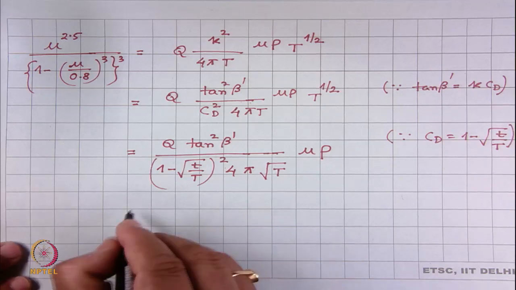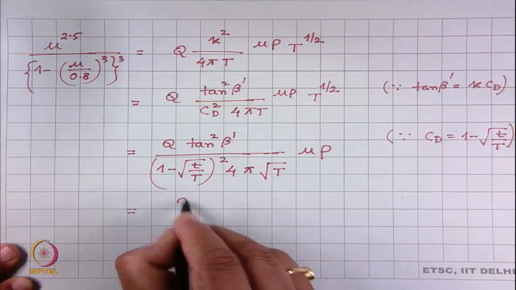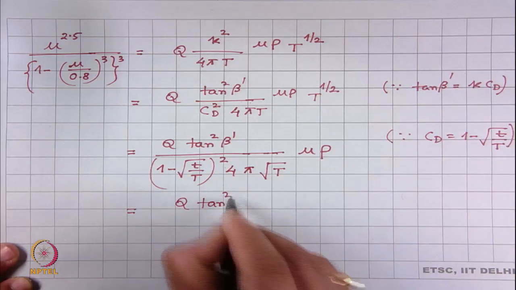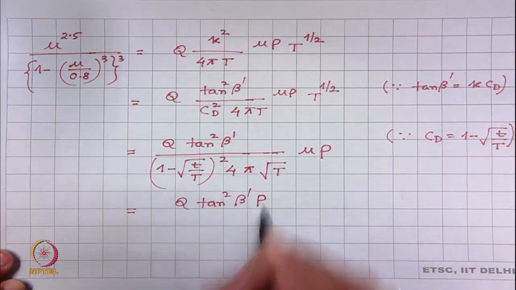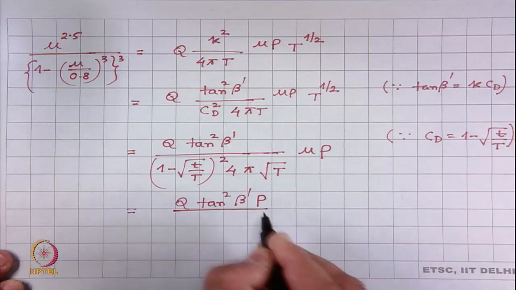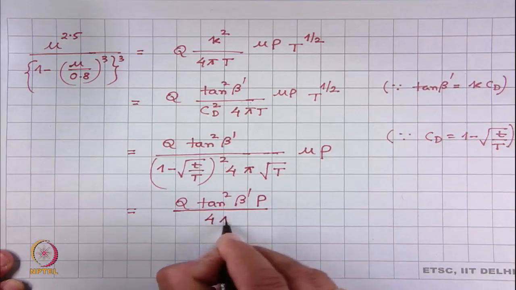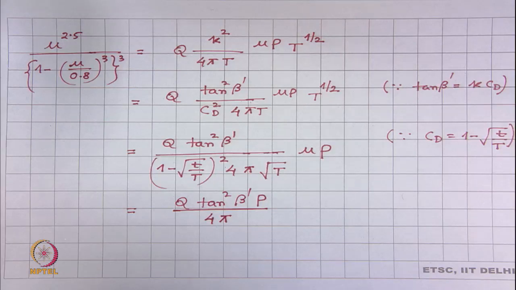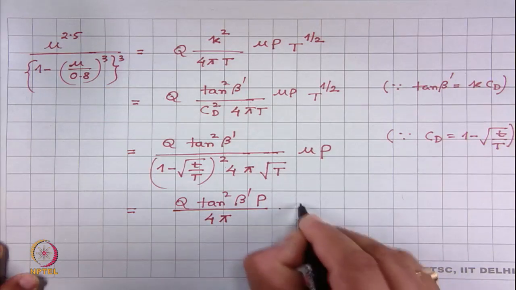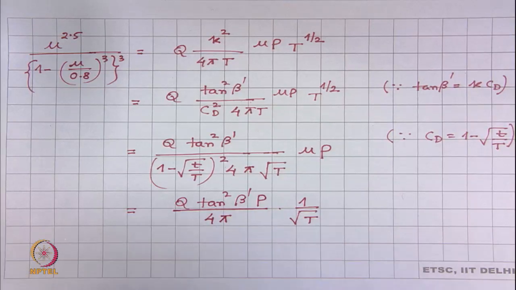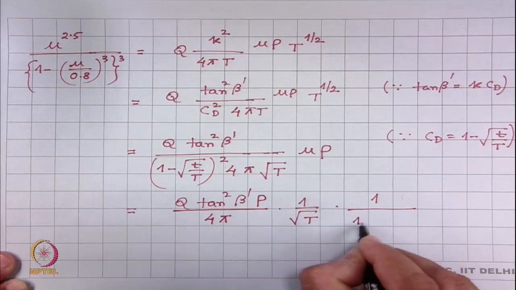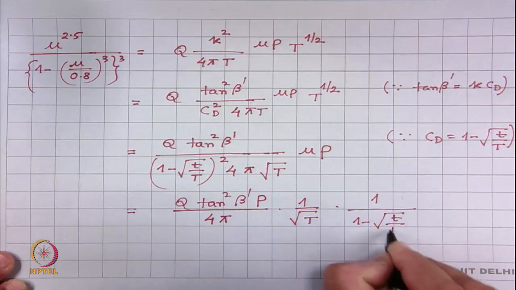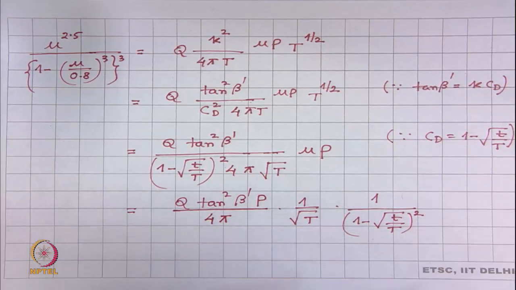So, we write it in a slightly different form: Q tan square beta prime into rho divided by 4 pi. Let us club them together into 1 by root capital T into 1 by whole square, and what is remaining is mu.